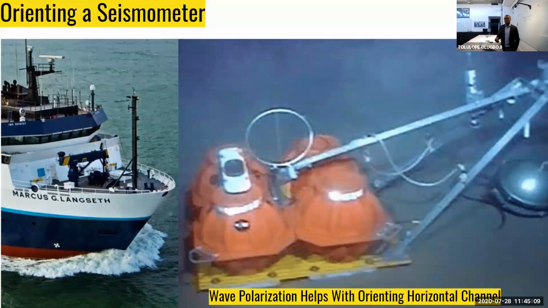And you do not know what the orientation of the horizontal channels are, because you cannot see them. You cannot see where north is relative to the north on the seismometer. So wave polarization has helped seismologists orient seismometers for a long time.